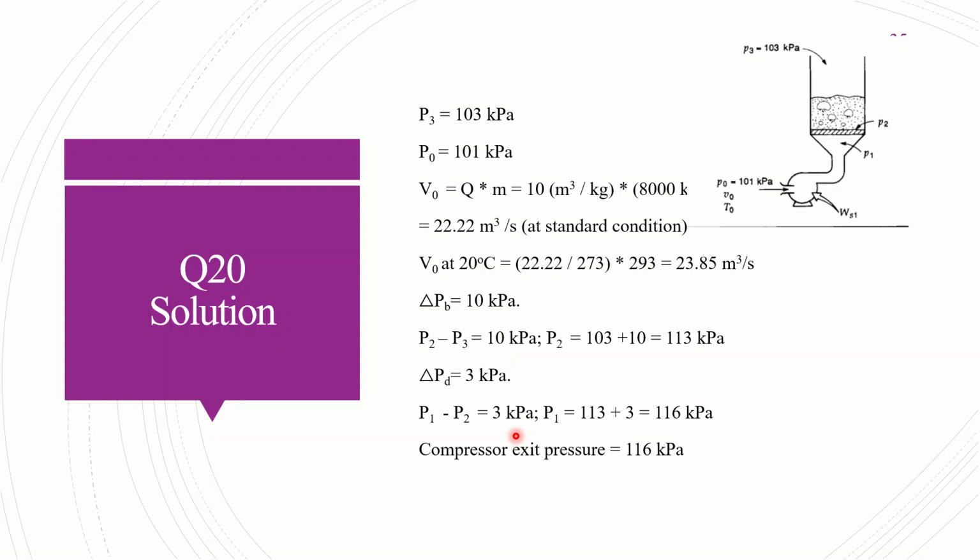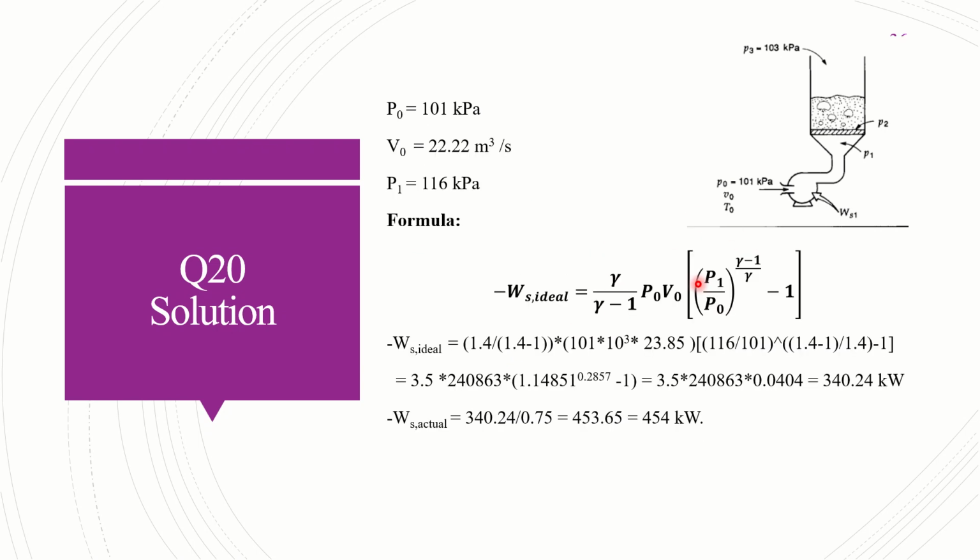We calculate the volumetric flow rate at the condition of 20 degrees Celsius. So it is 23.85 meter cube per second, and then it is a simple substitution where we substitute it in the given formula and calculate the ideal and divide it by the efficiency of the compressor to get the actual value.